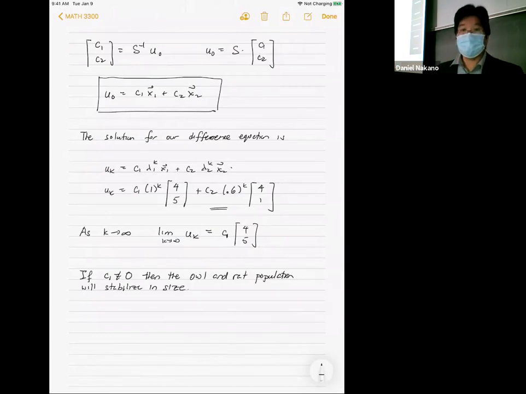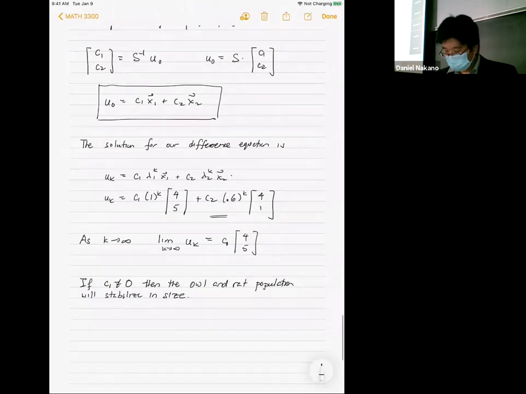Of course, it depends on what the initial value condition C1 gives you. Let's say C1 is 1, so you'll end up with 4 owls and 5 rats left.